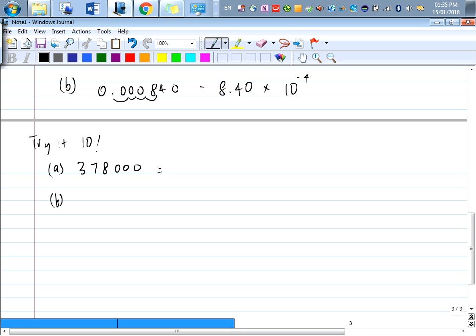And don't forget, what are the rules in your standard form? The first number must be between 1 and 10, the second number must be 10 to the power of whatever. And at the end of the day, everybody will end up with the same value for standard form if everybody did it correctly.